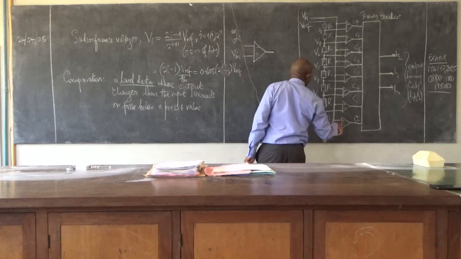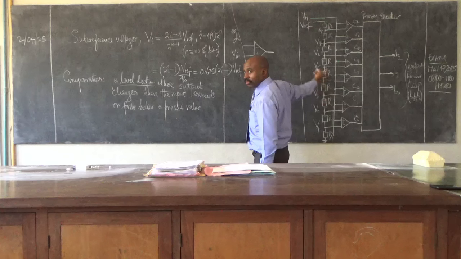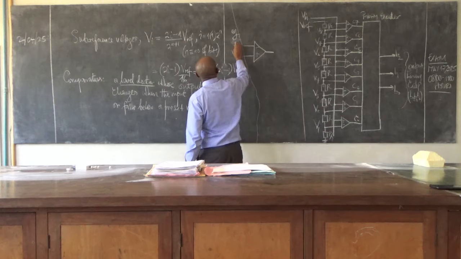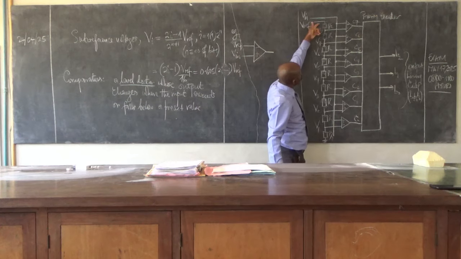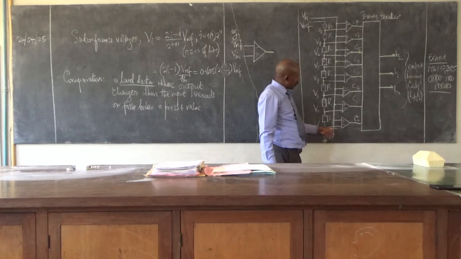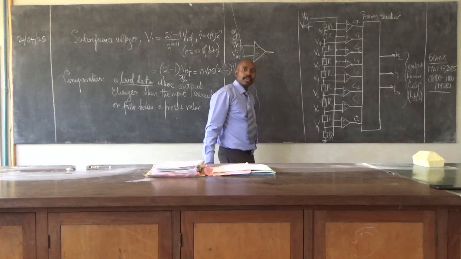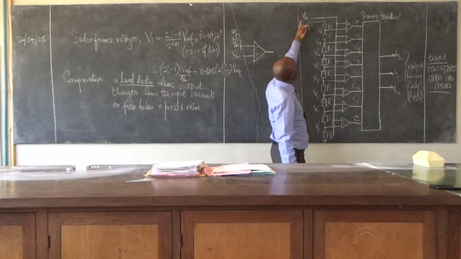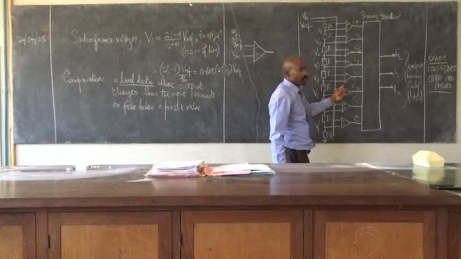You just need to know that there is no difference. The V-ref was at the inverting. All the reference subdivisions, these voltages from V8 up to V1, are going into the inverting terminal of the operational amplifier. The V-in is all going to the non-inverting.